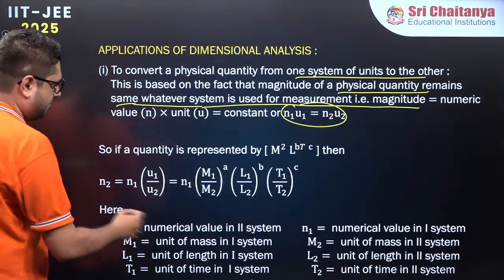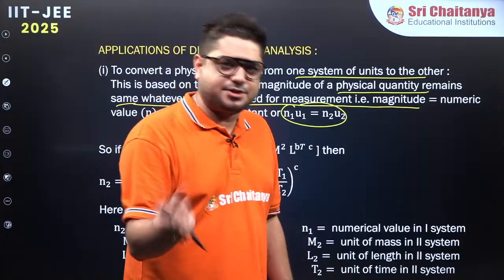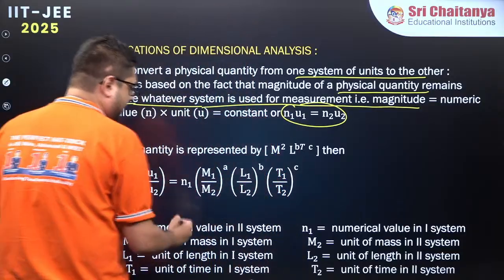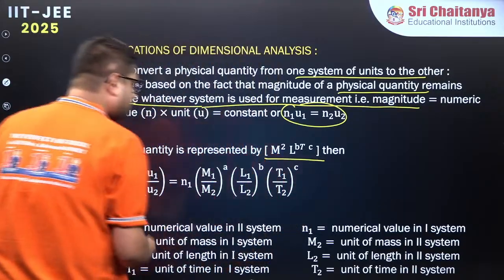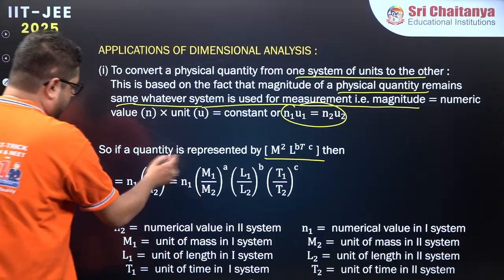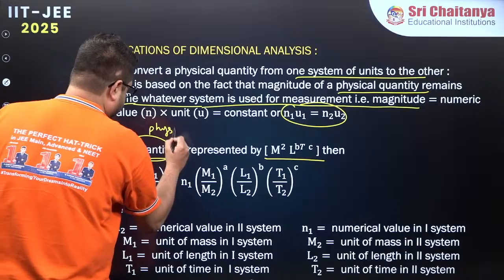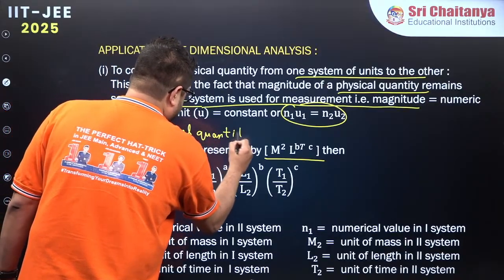Now dimensional analysis is going to follow this principle of conversion of system of units itself. Let's say you have any arbitrary physical quantity, which we can write over here as M^a L^b T^c. I hope you are getting what I am trying to say, isn't it, everyone?